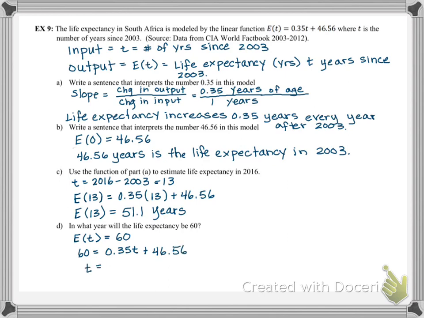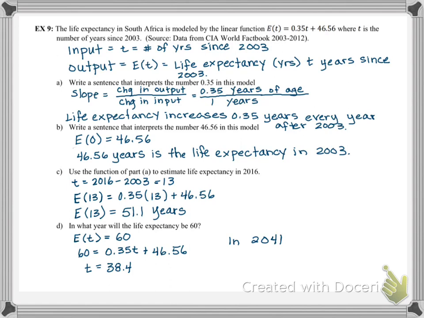And what'd you guys get? 38.4. 38.4. So, good. And if you said 2042, that would be okay too. They never specify if it's since the beginning of 2003 or since the end of 2003.